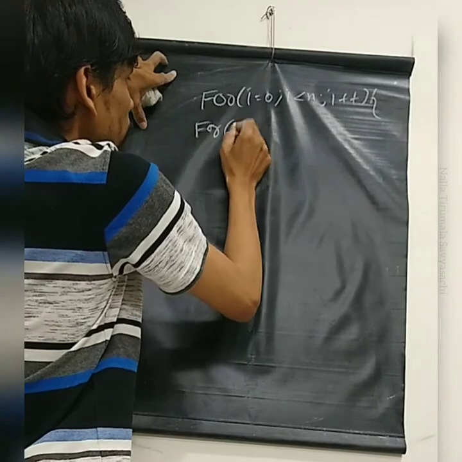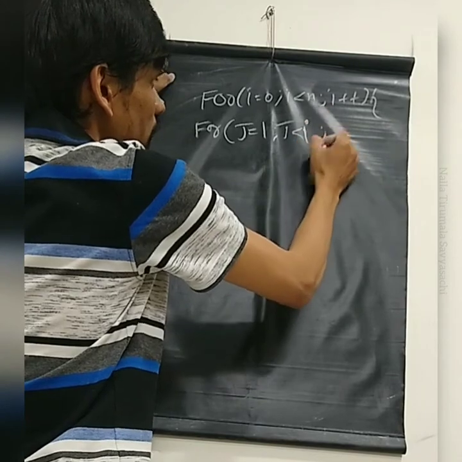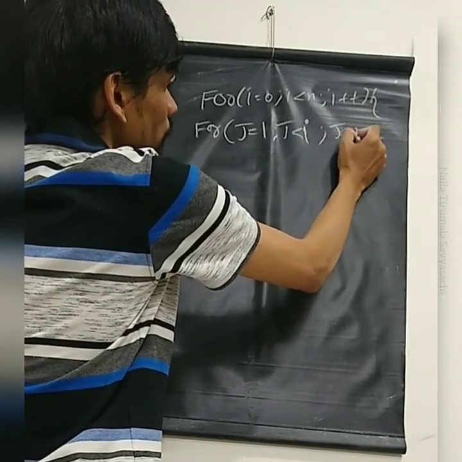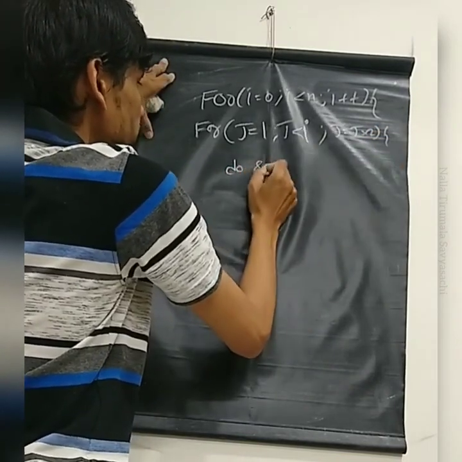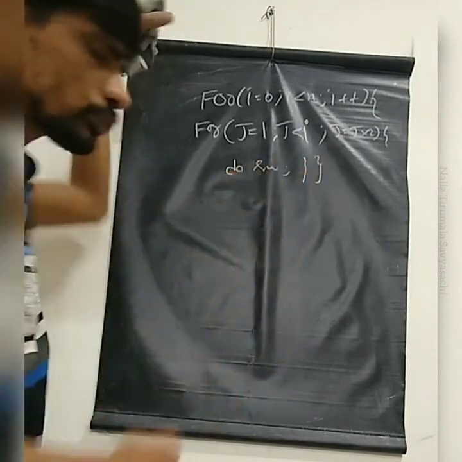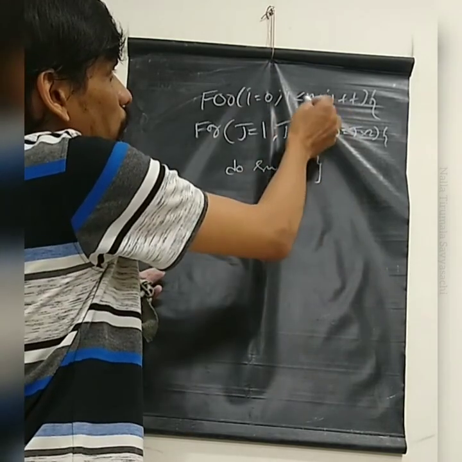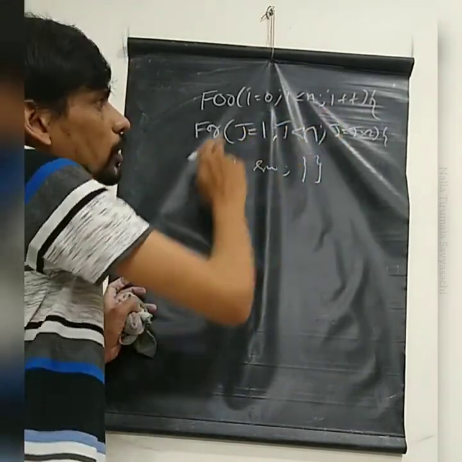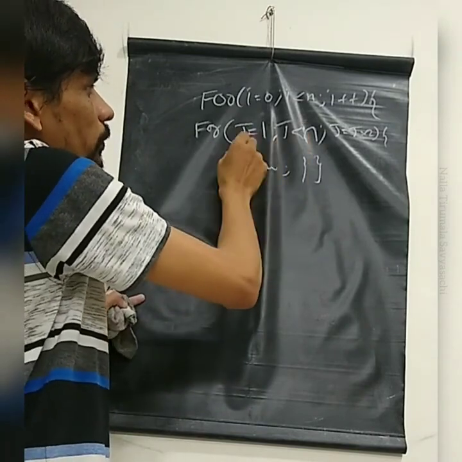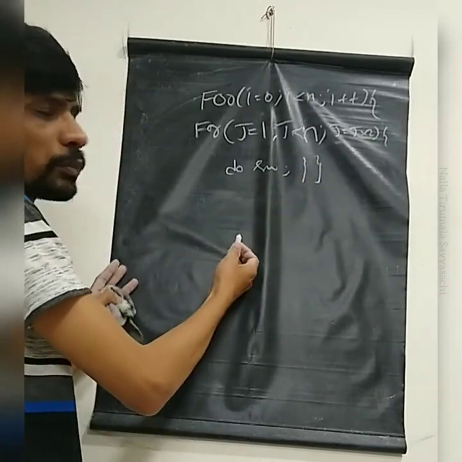I have another inner loop, j equals 1, j is lesser than n, j equals j multiplied by 2, okay, do something. This is my outer for loop, and this is my inner loop. What is the complexity of this?